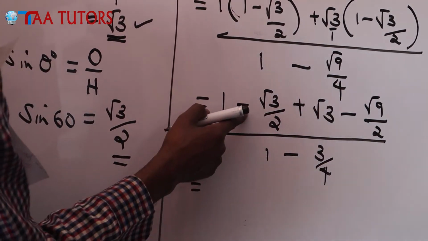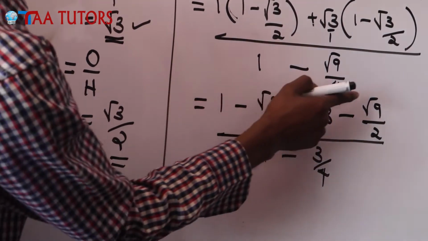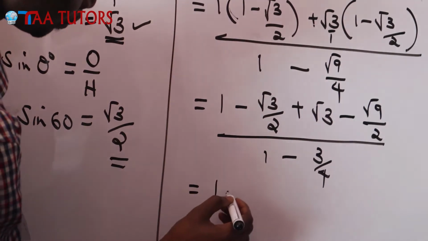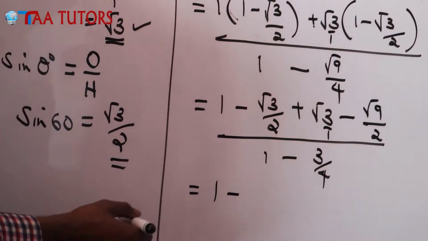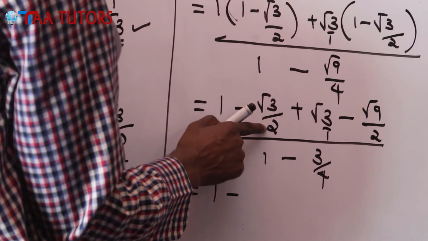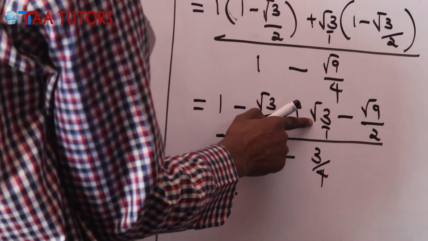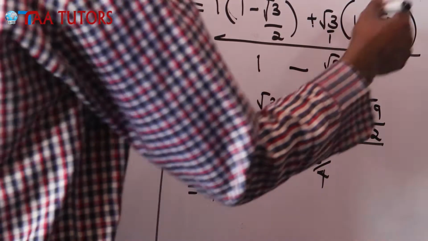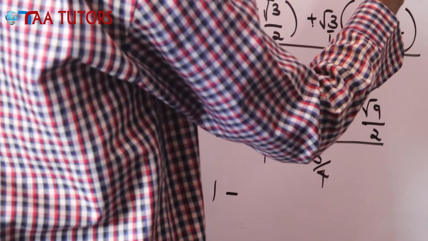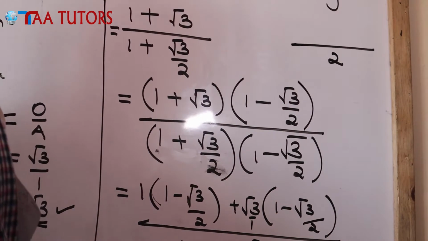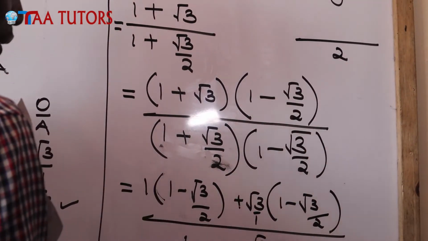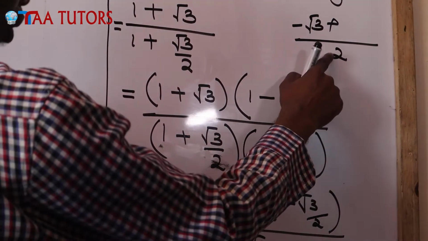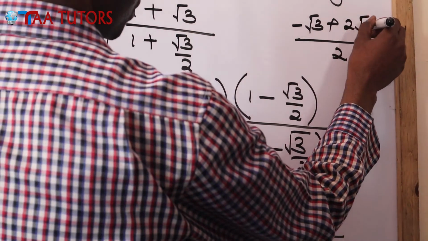So let's see. You realize that √9 over 2 is actually 3 over 2. So you say 1 minus, let's do this somewhere, √3, this is a half √3 plus 1 √3. So you're going to have 1 and a half √3. No, it's actually minus. So let's do that somewhere here. We say LCM is 2, and this 2 goes into 2 ones. 1 times negative √3 is going to be negative √3 plus 1 comes here 2 times. 2 times √3 is 2√3.